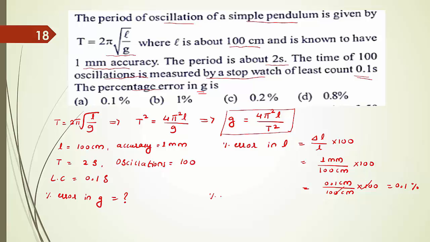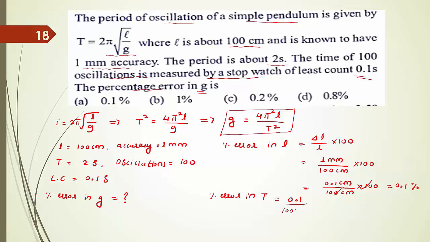Similarly, we have to find percentage error in time period T. Yes, it is given. Least count here is 0.1, that is ΔT over T divided by how many oscillations are there here? 100 oscillations. For each oscillation the time taken is 2 seconds.